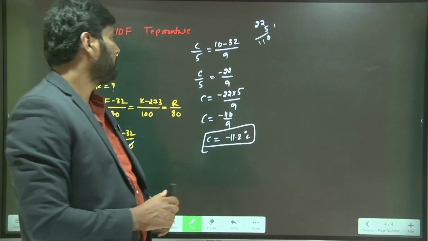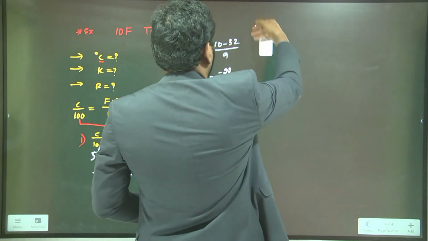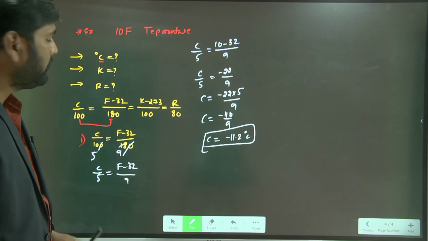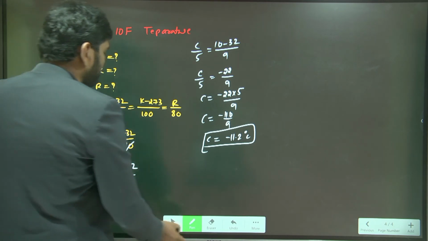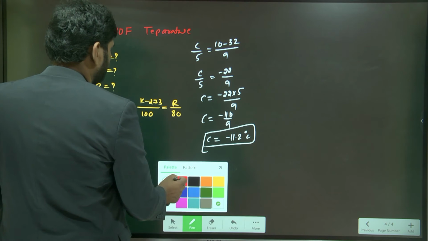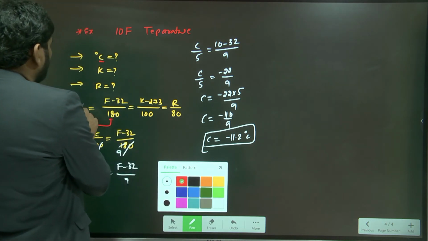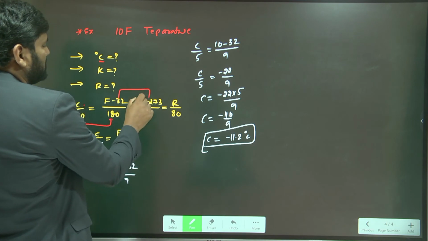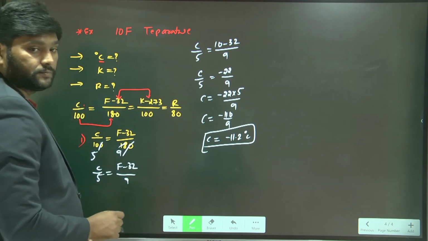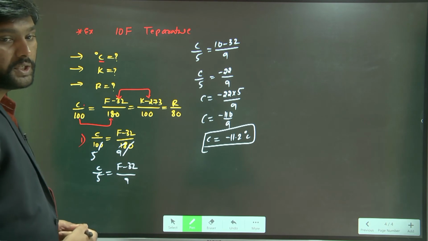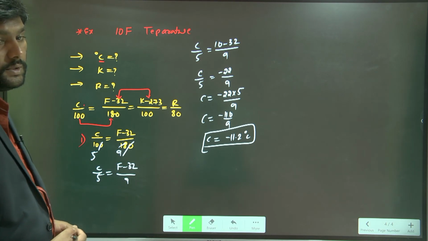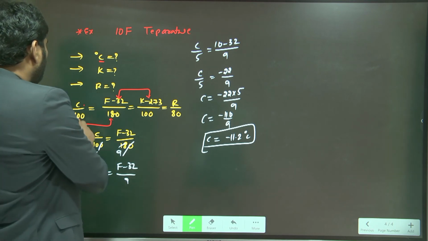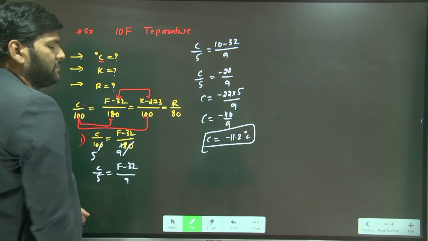Next, the same way, find the Kelvin scale. To find the Kelvin scale, which relation do we need to equate? Instead of equating Fahrenheit and Kelvin, equating these two relations is very easy.